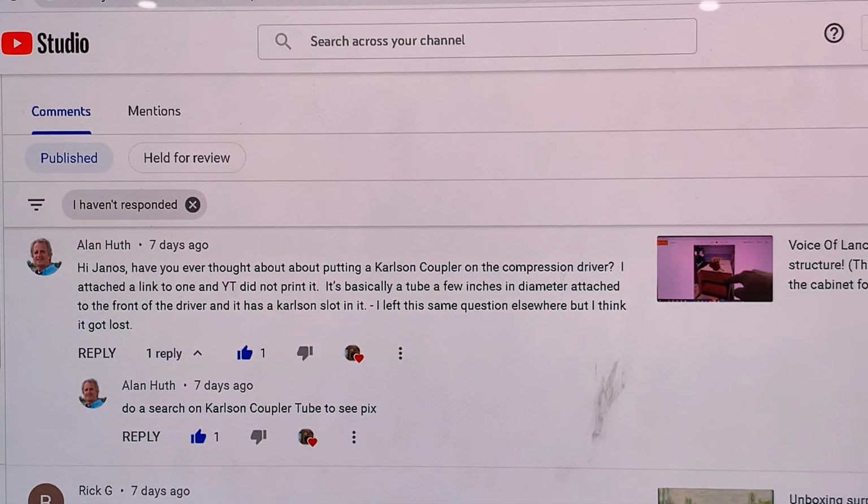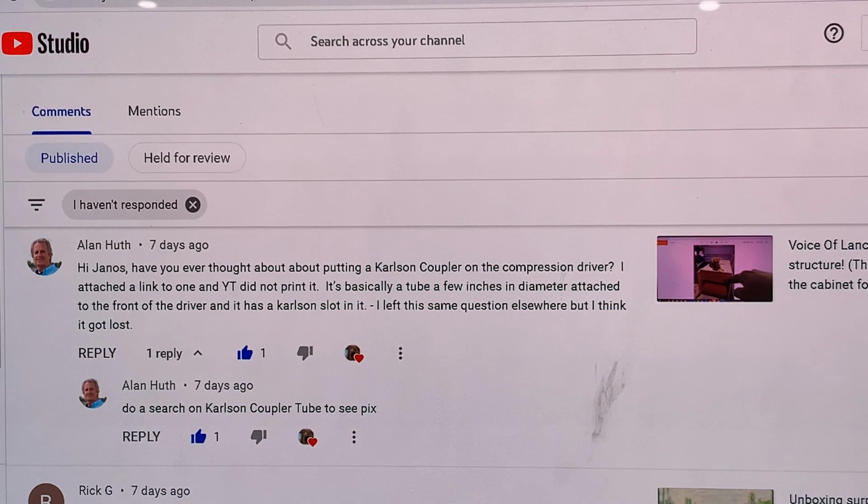And Alan's second question: have I thought about putting a Carson coupler on the compression driver? Yeah, YouTube doesn't like links, and usually if you put a link in your comment, then YouTube automatically deletes it. I have no control over it. If there's a link in a post, I do not even see the link. It's just gone. And you are worrying, why doesn't it show up?